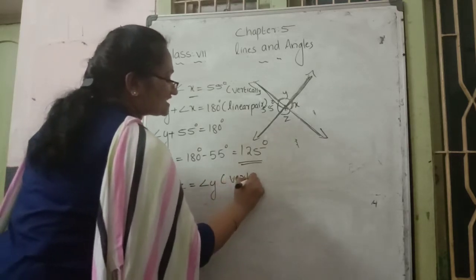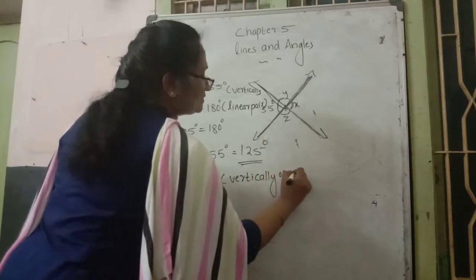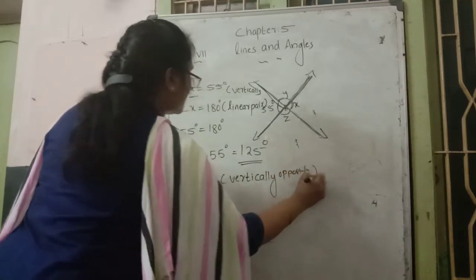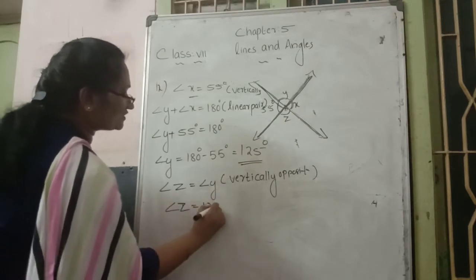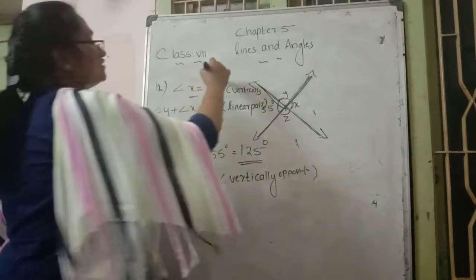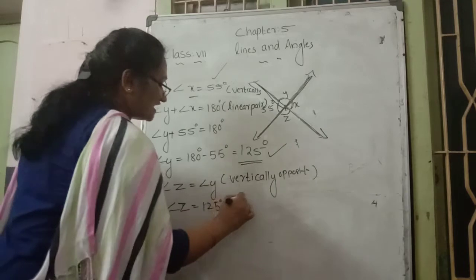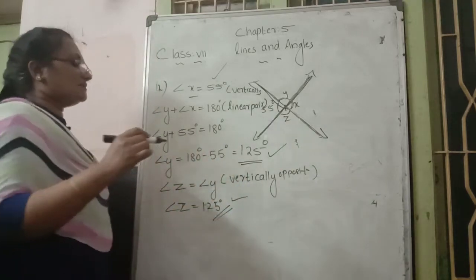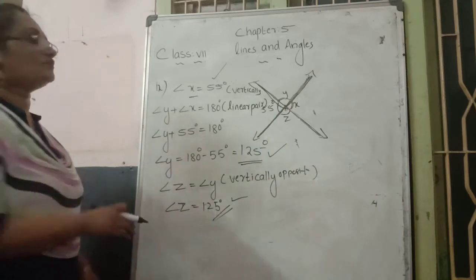They are vertically opposite. That's why the z value becomes how much? The y value is 125, so the z value also becomes 125. So the x value is 55, the y value is 125, and the z value also becomes 125. I hope you can understand this model question.